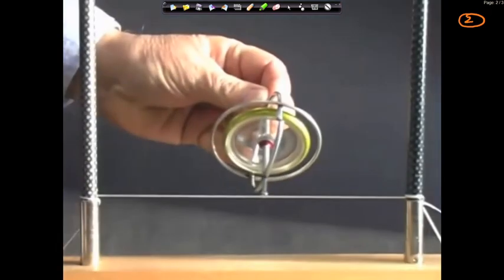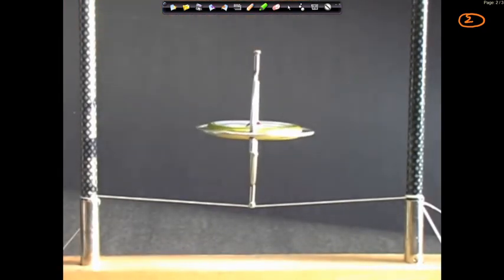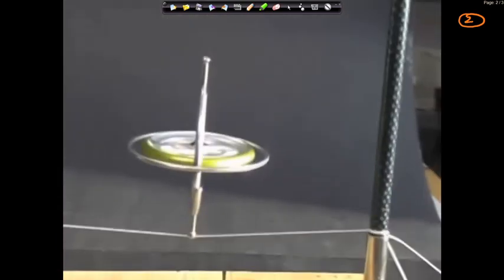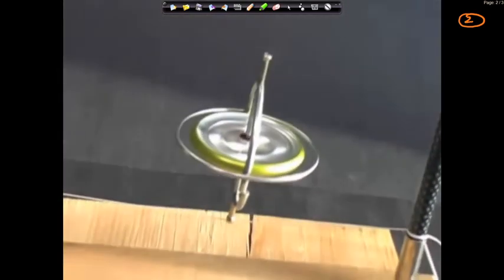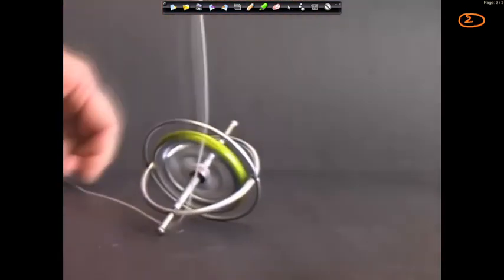This happens because it has a certain amount of angular momentum, and we have used this for the spin stabilization of the satellite. By spinning any object you can make it point along a certain direction, and if you perturb it from that direction, it will tend to rotate.